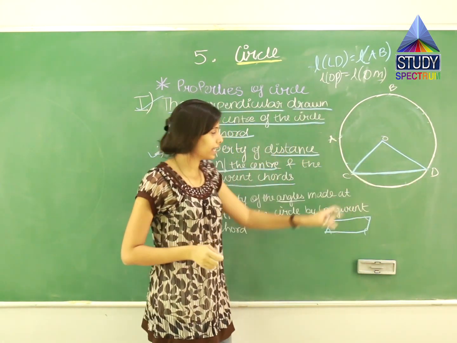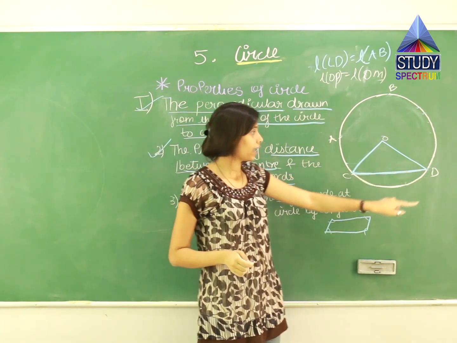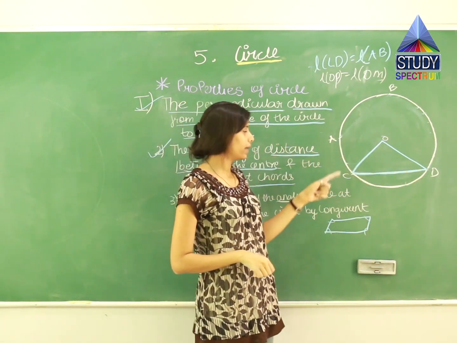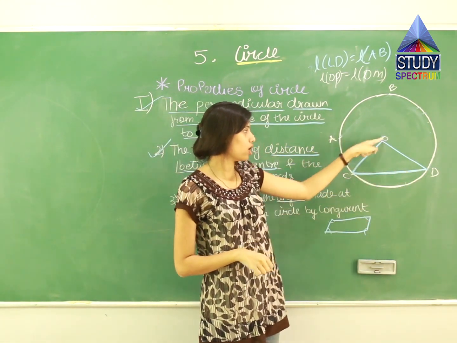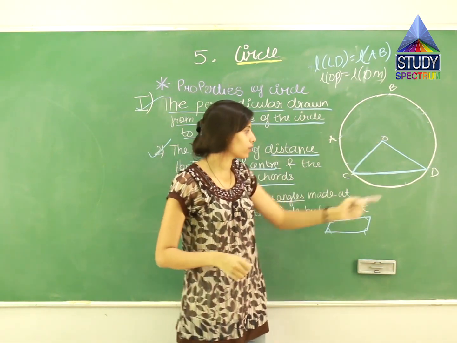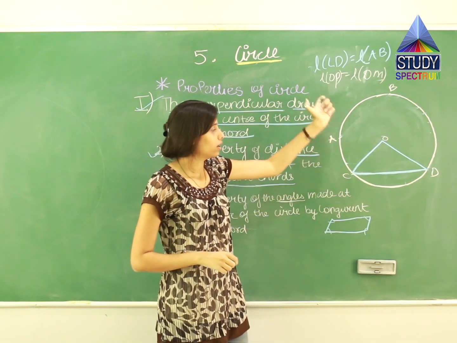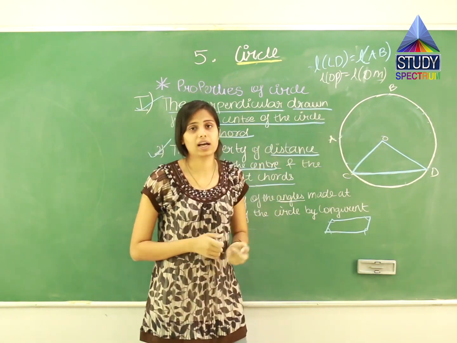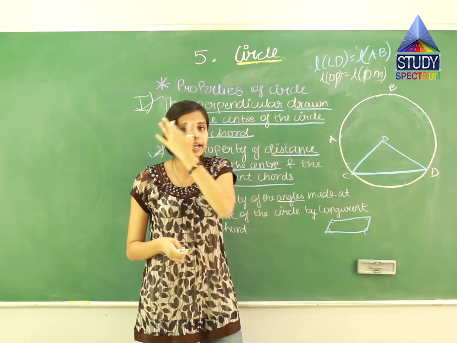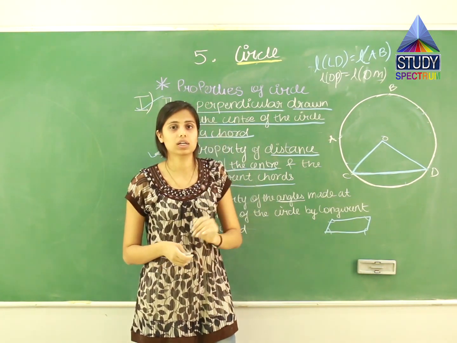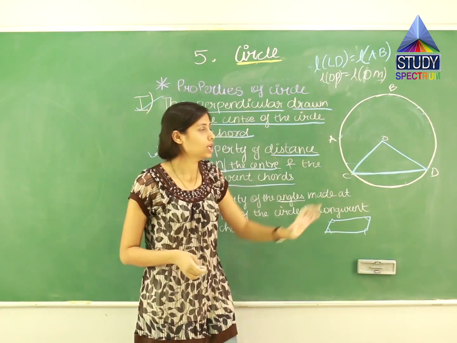Means what? ये CD एक chord था और O center था. अब मैंने क्या किया? chord के एक point को डायरेक्ट सर्कल से कनेक्ट कर दिया और chord के दूसरे point को सर्कल से कनेक्ट कर दिया. Means what? This is a radius, because see what is the radius? Radius connects the center of the circle to the circumference of the circle.